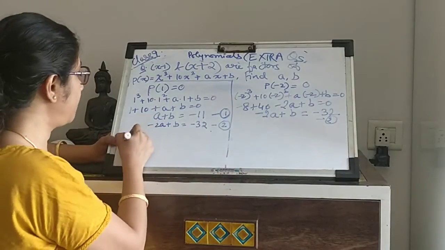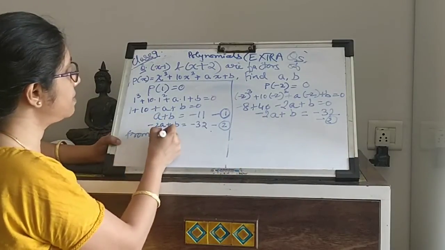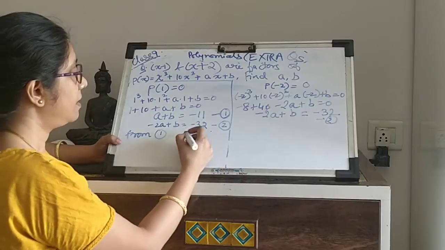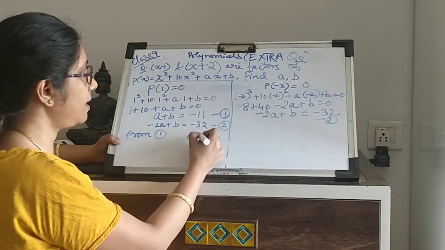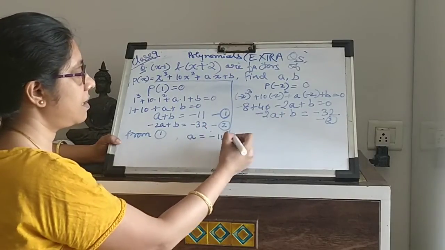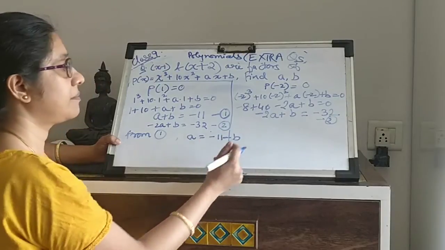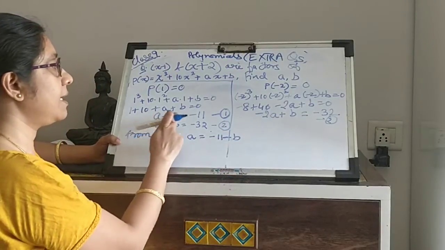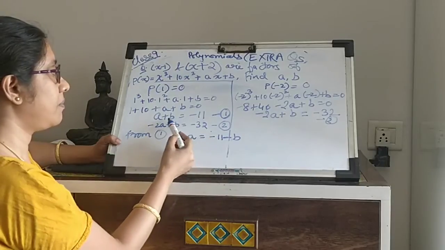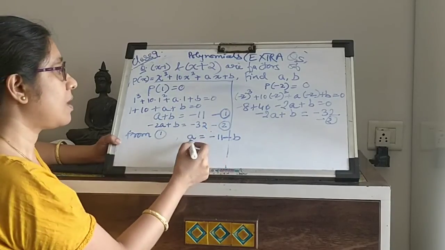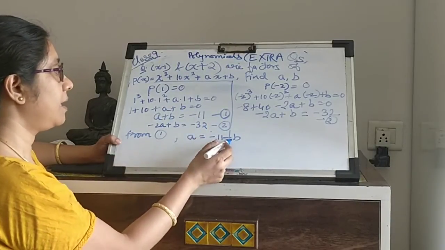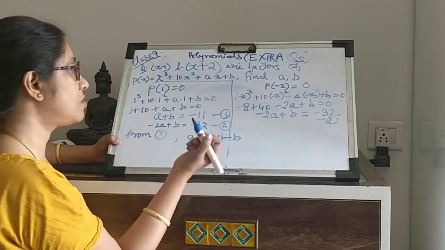So from equation 1, I get a is minus 11 minus b. So I will use this value of a and put it in equation 2.